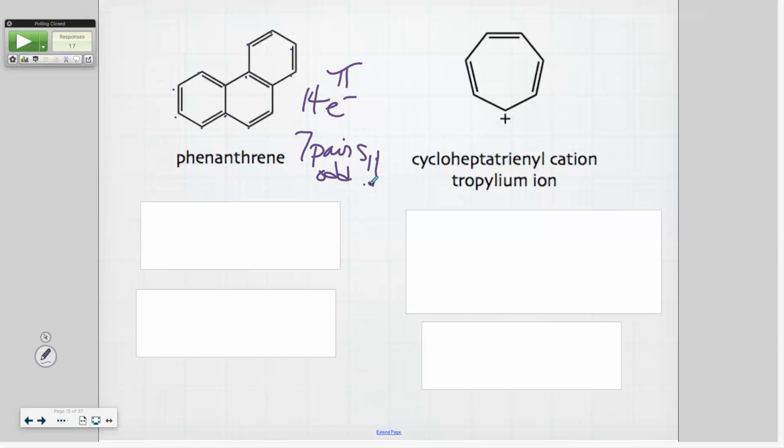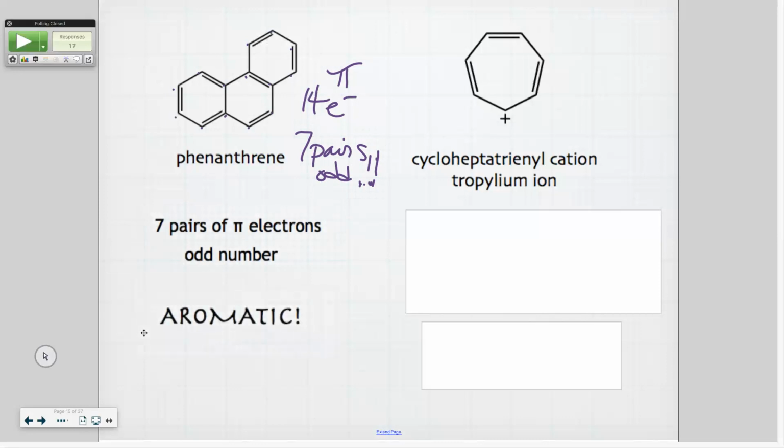That was 2 exclamation points. Okay, so we have 7 pairs of pi electrons. That's an odd number, so it's aromatic. If you did Huckel's rule, just because it's fun, 4n plus 2 equals what? 14.